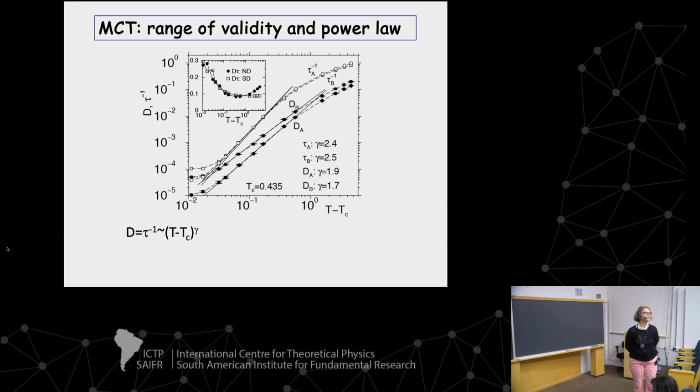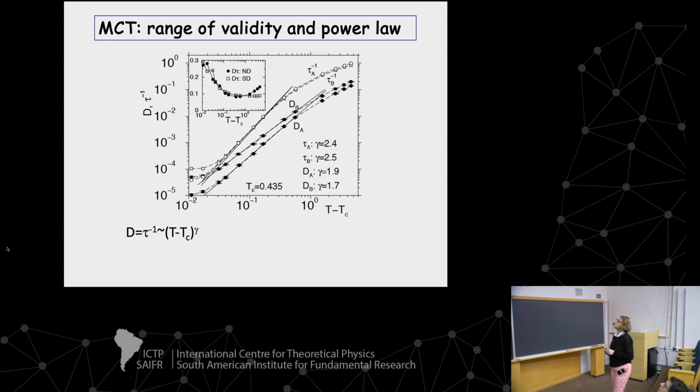Because the asymptotic expansion in principle is very close to Tc, but as a matter of fact, is far enough that you can test it. So both at low and high temperature, you have deviations. The deviations at high temperature are due to the fact that the cage is still not completely formed. The deviations at low temperature are due to the fact that you have hopping.